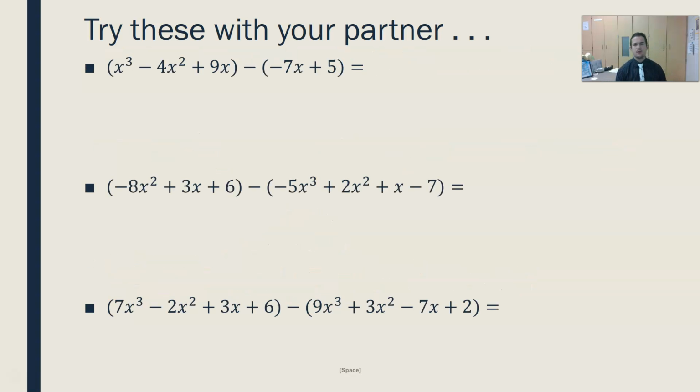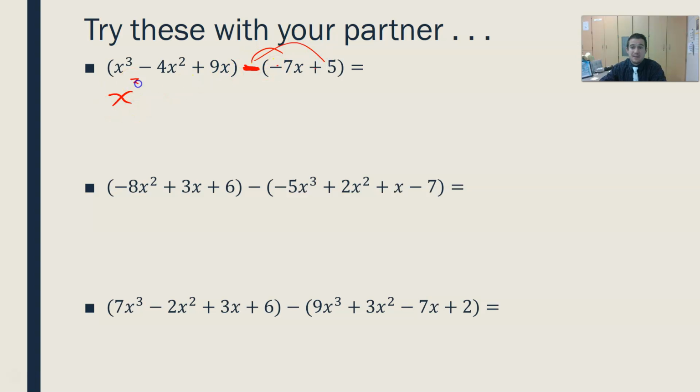So let's practice a couple other examples. In this first one, I have x cubed minus 4x squared plus 9x, minus negative 7x plus 5. Because this is being subtracted, that minus is going to change each of these signs.